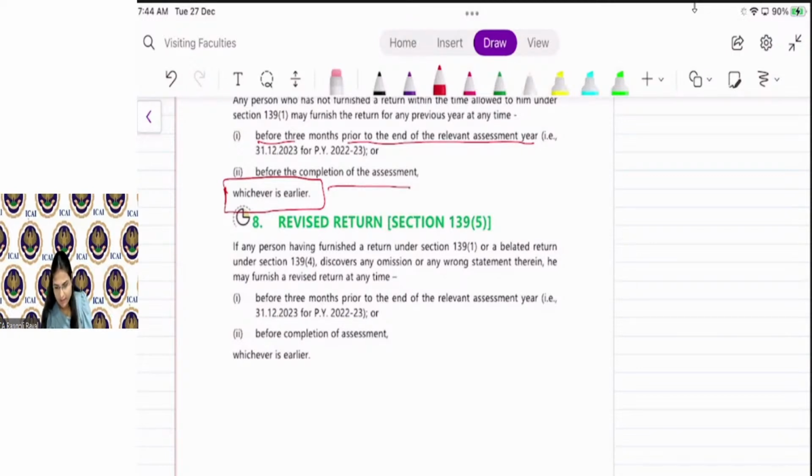Yes, late filing fees is always there. But in case of loss, if you are filing return after due date, you are not eligible to carry forward that loss and not eligible to set off that loss in future years. So my advice is, if you have loss, then you should file your return within due date.